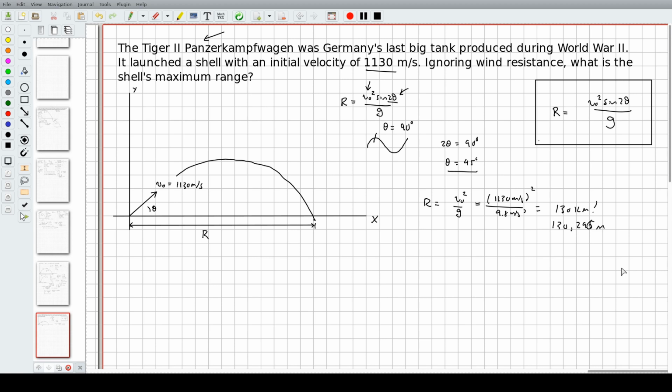So this thing right here has a range according to the actual numbers of about 9.4 kilometers. So our calculation says 130 kilometers, but in reality it's this, and that's entirely due to wind resistance.